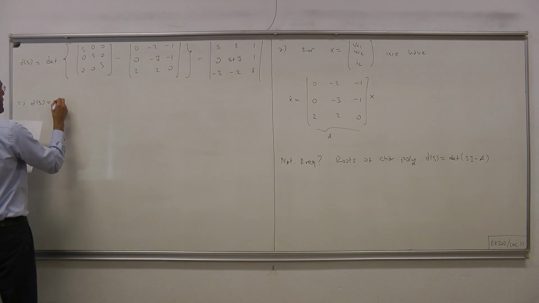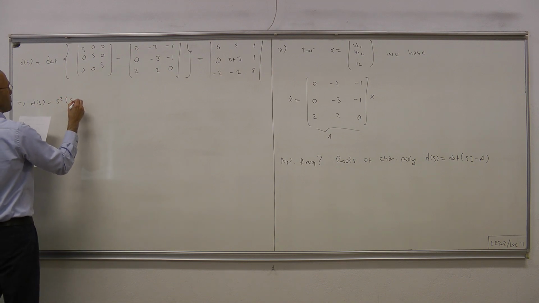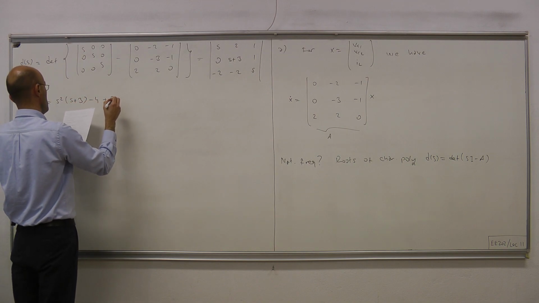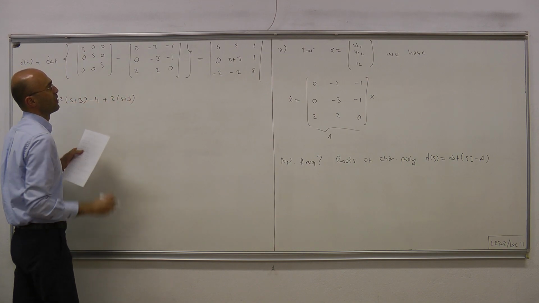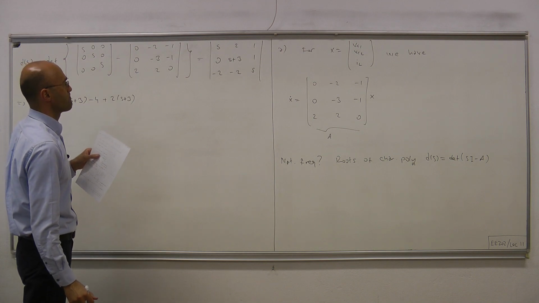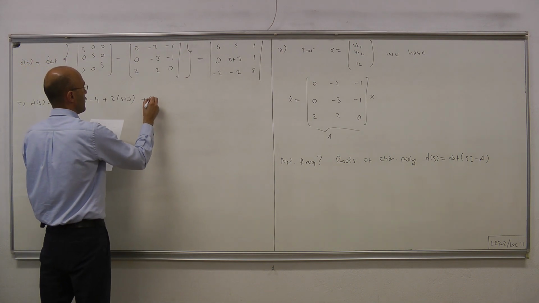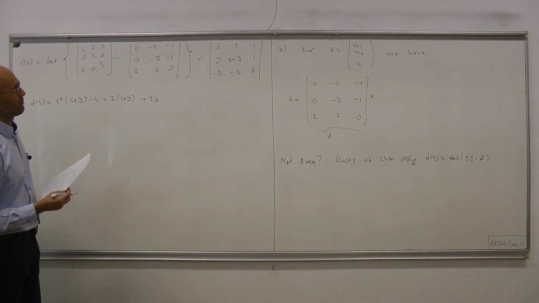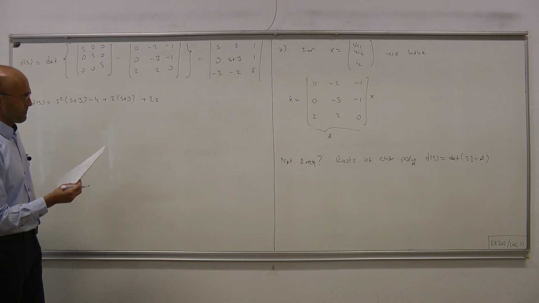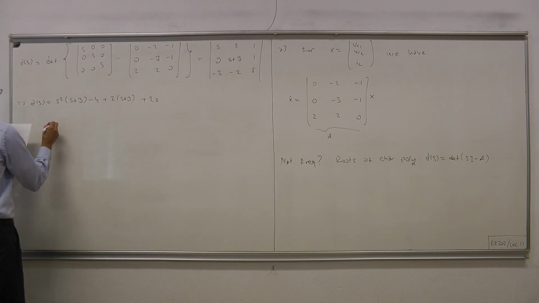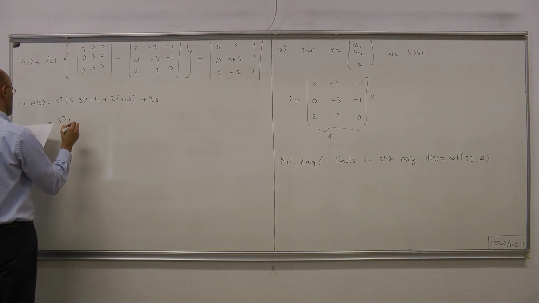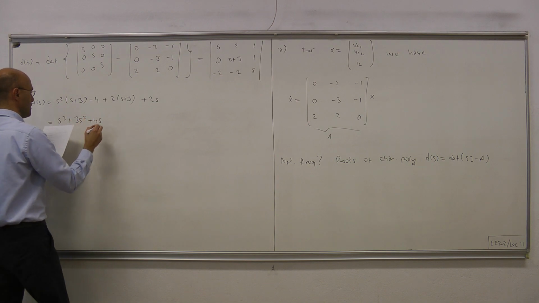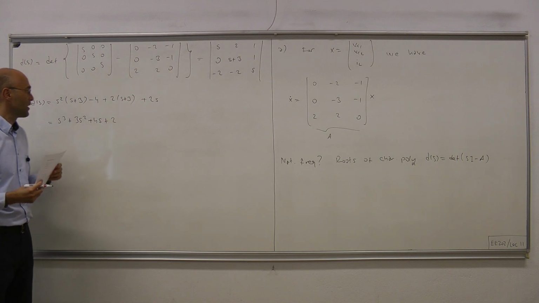So what we have is s squared, s plus 3, minus 4 plus 2s plus 3, and finally plus 2s, and that equals s cubed plus 3s squared plus 4s plus 2.